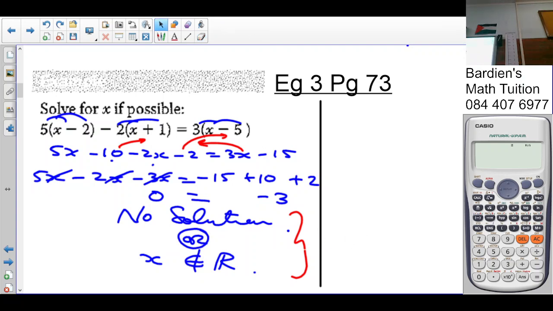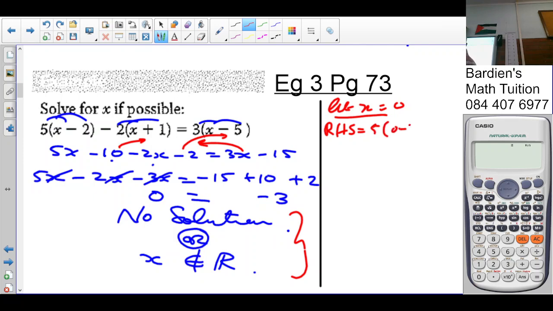Choose a value. 0, nice. So we say let x equal to 0. Let's see what happens to the right hand side. So it's going to be 5 into 0 minus 2, minus 2 into 0 plus 1. So that's going to give you 5 times negative 2 minus 2 into 1. It's negative 10 minus 2, which is negative 12.